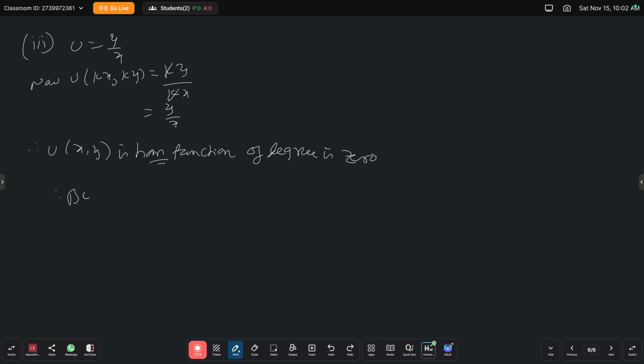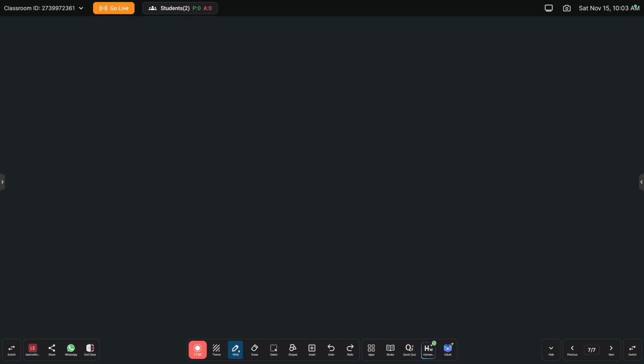Therefore, by Euler's theorem, x into dou u by dou x plus y into dou u by dou y is equal to n into u. n is nothing but 0, so 0 into u is nothing but 0. So this is for homogeneous functions and Euler's theorem.